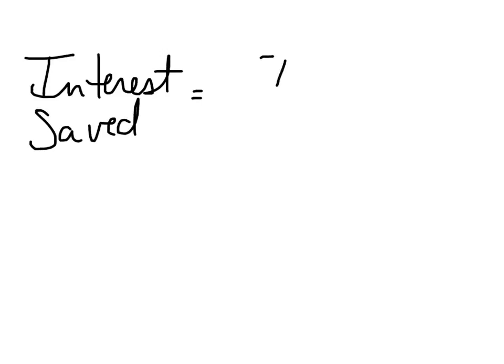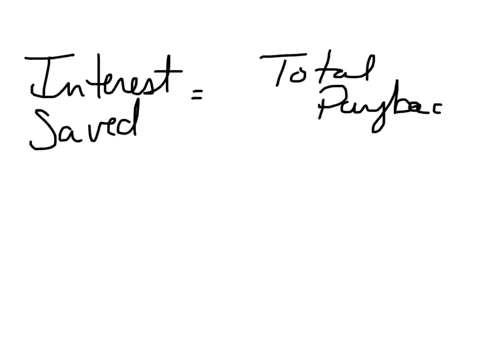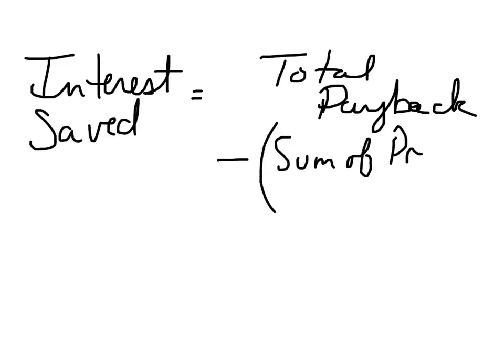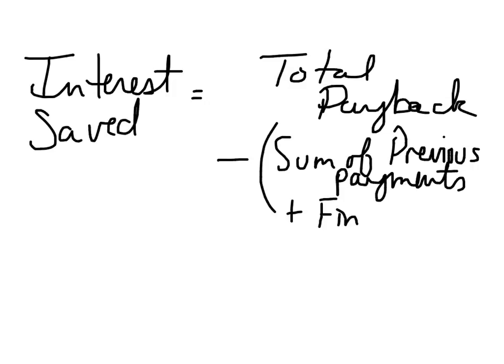So what you do for this one is you take your total payback and you subtract the sum of your previous payments plus the final payment.